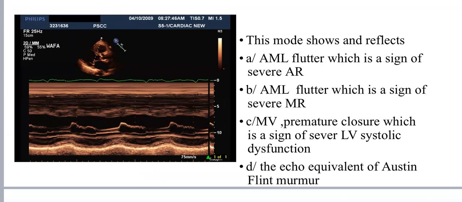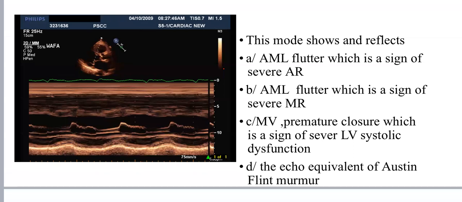And who has chosen A? A, by the way, is not so wrong. Yes, but acute severe AR, I'll tell you something about this one because it's a common error actually. Now we are talking about two things. This M mode has manifested two important signs.